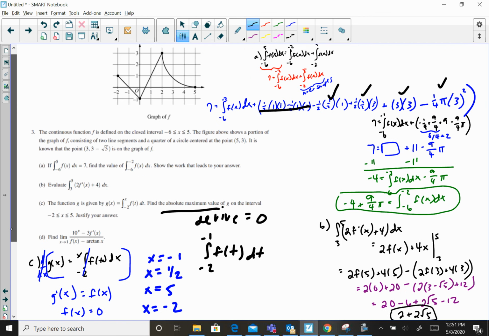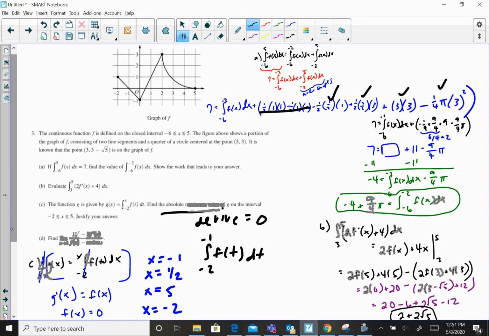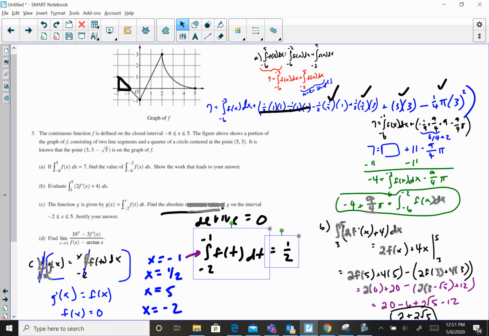I'm just going to do the area under the curve, going from negative 2 to negative 1. That's the area of that triangle: 1/2 base times height, 1/2 times 1 times 1 is 1/2. That's when x is negative 1. Okay. Next, when x is 1/2.